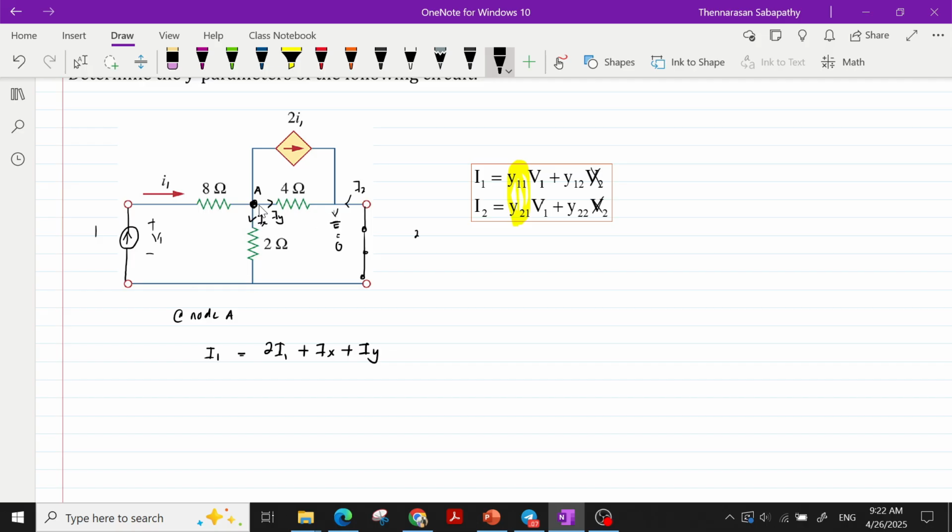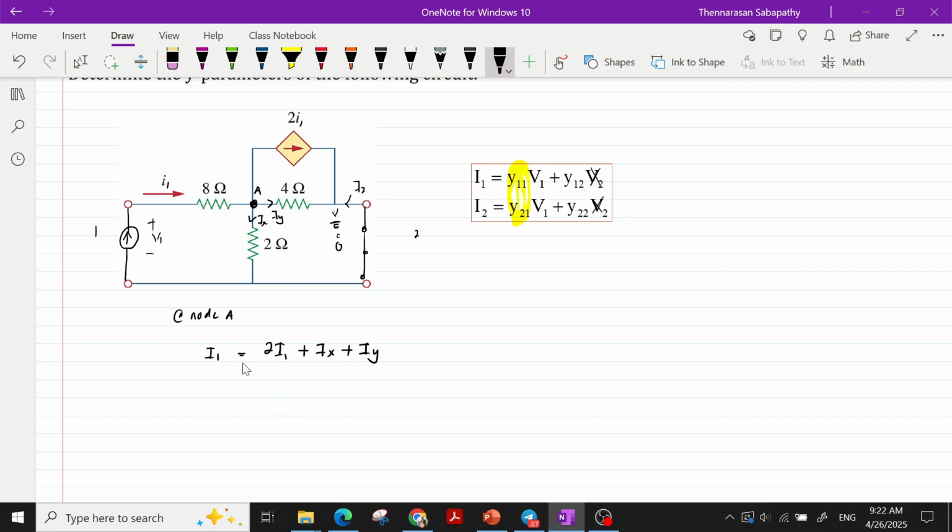Here also ground, so Ix is VA over 2. Only for I1 we have to be careful about where I1 is. You need to create the equation for I1, because we have a voltage drop here: V1 minus VA over 8 is still I1.